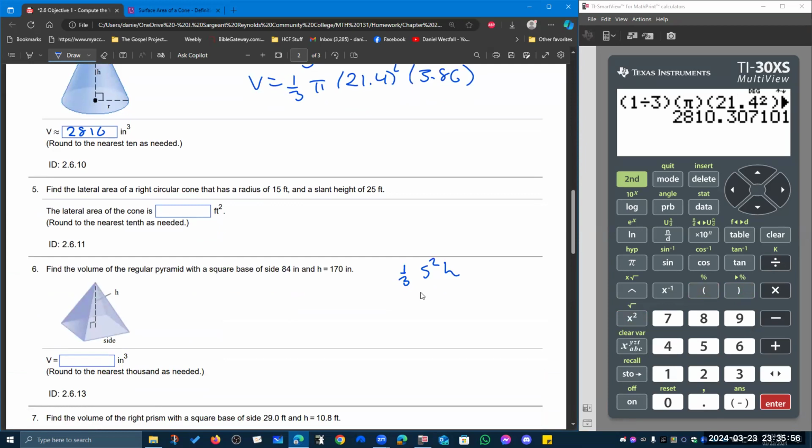Find the lateral area of a right circular cone that has a radius of 15 feet and a slant height of 25 feet. So we're going to take pi r times the square root of r squared plus h squared. This is the lateral surface area.